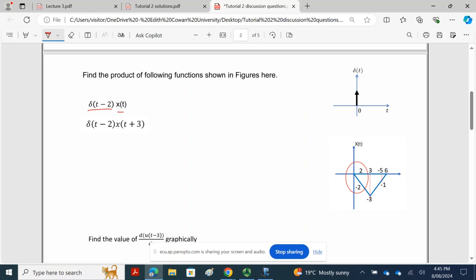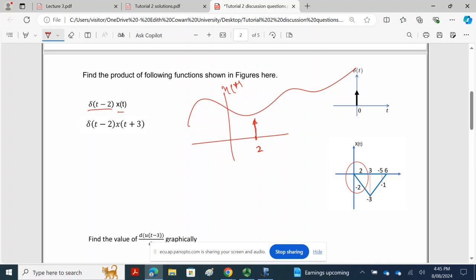Sample of x(t) at t equals 2 seconds, that's correct. x(t) can be anything. What this delta(t minus 2) times x(t) does is find 2, and then we put that arrow, and when it gets multiplied, it gives me the value at that point.